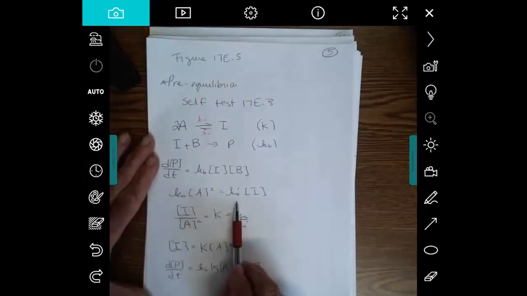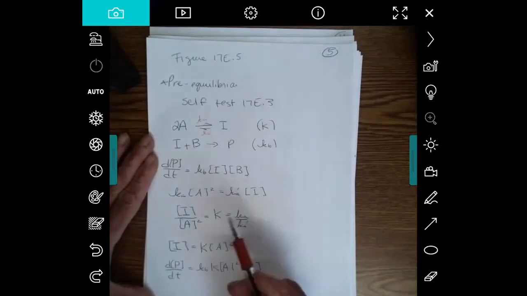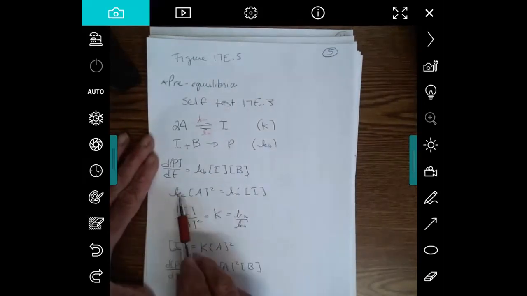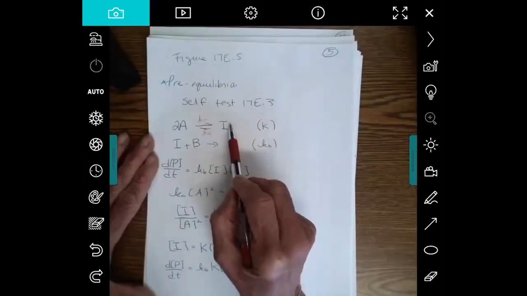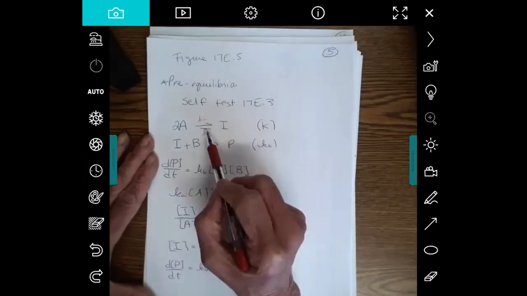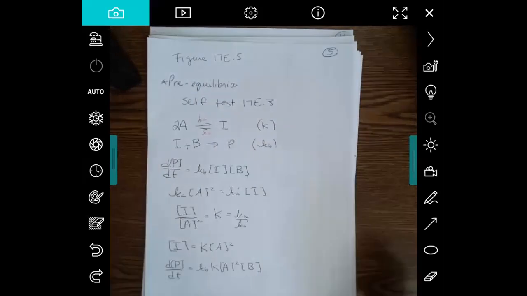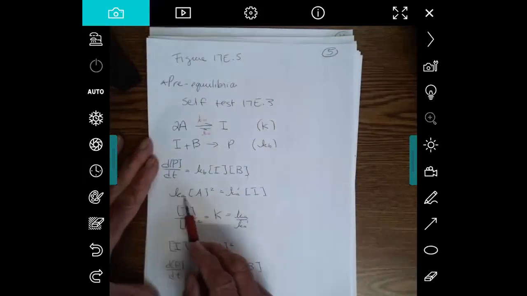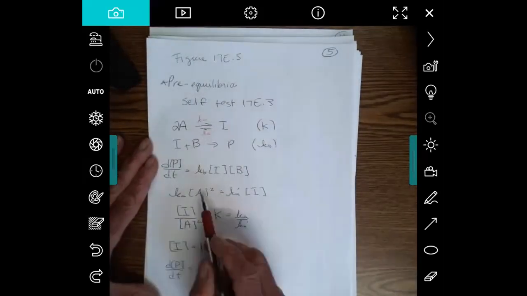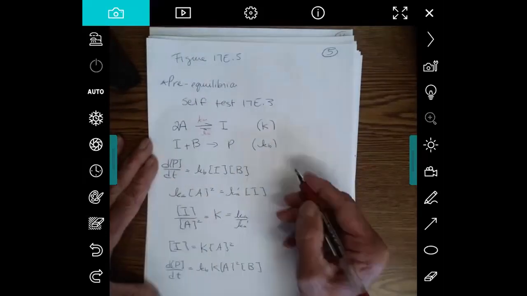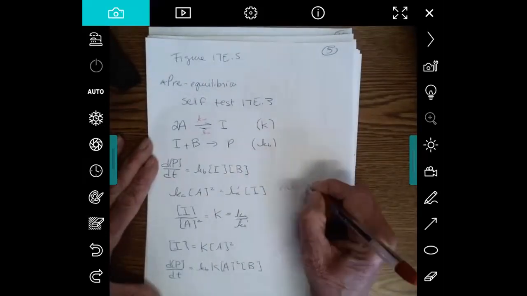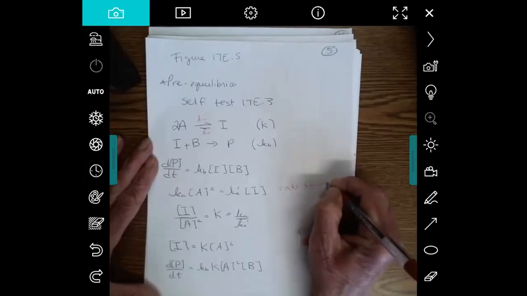So I'm going to try to find a way to solve for I. When this first reaction happens fast, so Ka, Ka prime are super big compared to Kb, that means this first step can reach equilibrium essentially. So that means you're at the point where rate forward equals rate backwards.